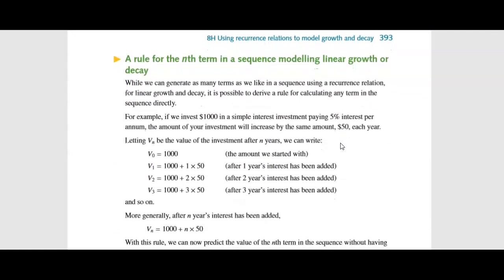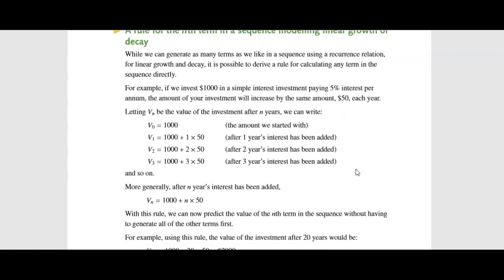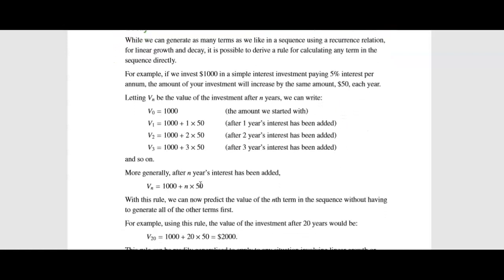All right, so a rule for the nth term in a sequence modeling linear growth or decay. So just going to scroll to the important part because there's an example here, but this is basically the rule that we've got here. So Vn is equal to 1,000, so your starting amount, plus n times 50. So 50 being how much interest we've got each year. Okay, $50 each year.